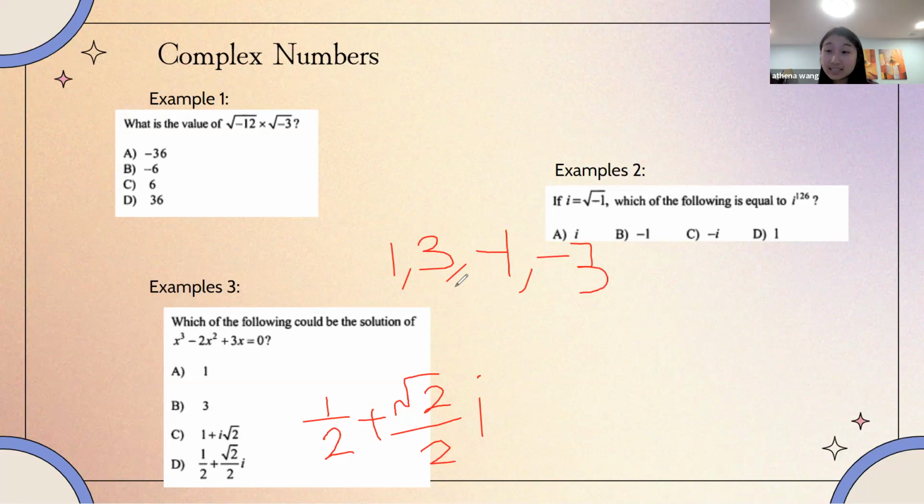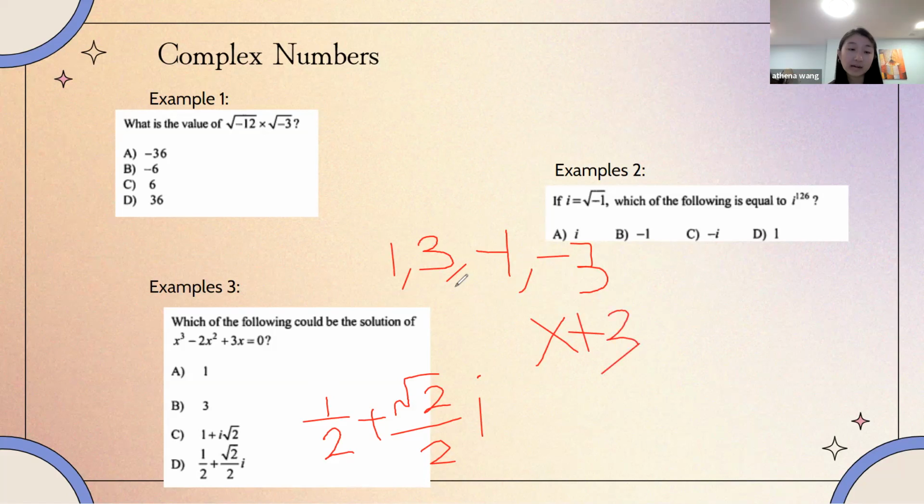But if we test each of these, we don't actually get 0, because from our factor theorem, if one of these was a factor of x cubed minus 2x squared plus 3x, like our factor that has a root of -3 would be x plus 3.